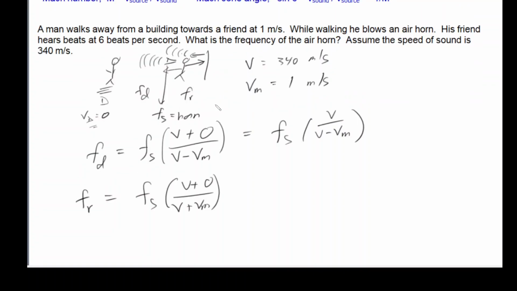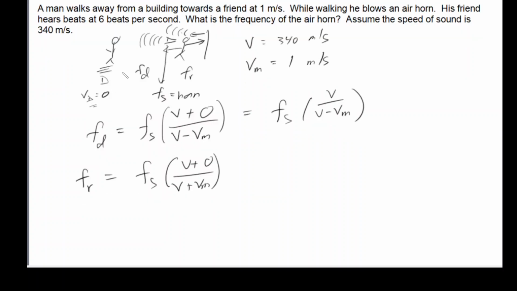Now in the first case, we use a minus sign because we want to get a higher frequency because he's walking towards the detector. In the second instance, the sound is bouncing off the wall, off the building.